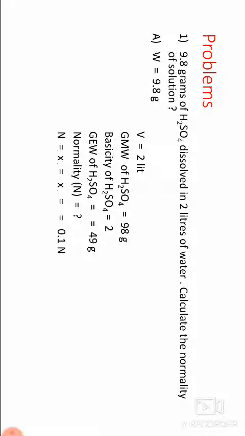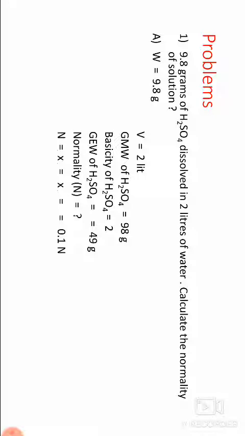Equivalent weight of salt equals molecular weight divided by total valency of cations or anions. For example, sodium chloride divides into Na plus and Cl minus, containing one cation and one anion. Its molecular weight is 58.5. The 58.5 divided by 1 equals 58.5.